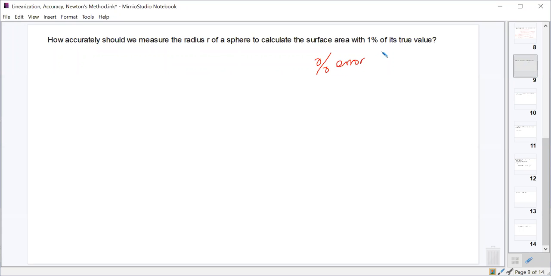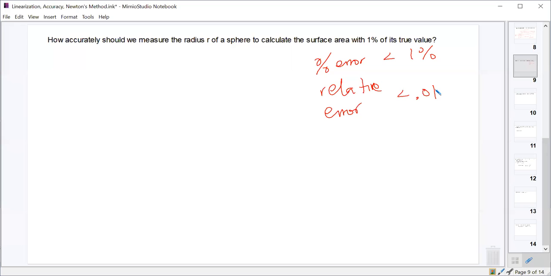Percentage error less than 1% would tell us what about the relative error? It should be less than 0.01, just 1 divided by 100. Do you all agree with that? Yeah, okay, we agree with that.